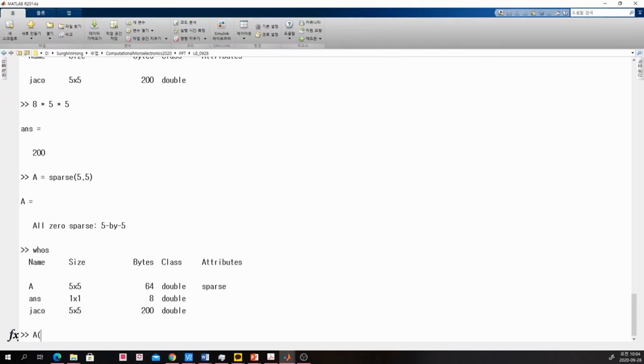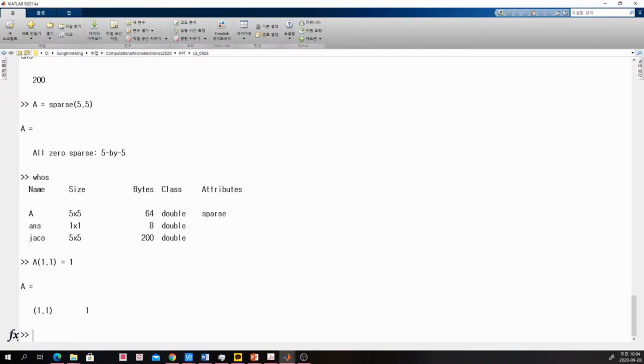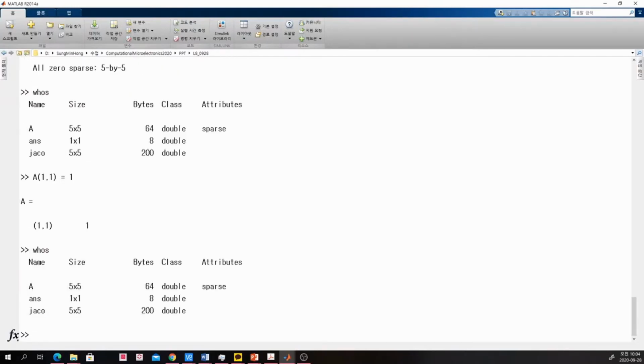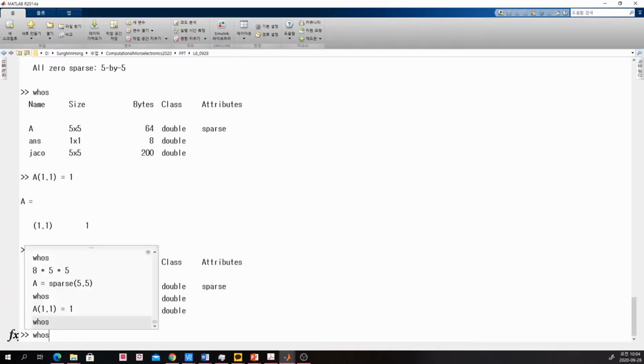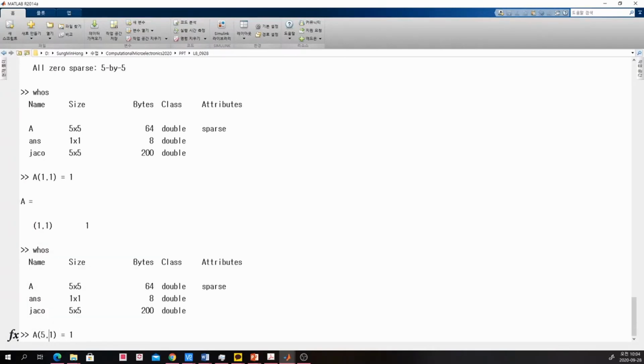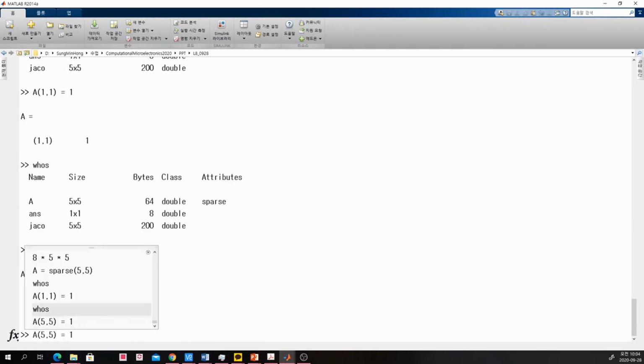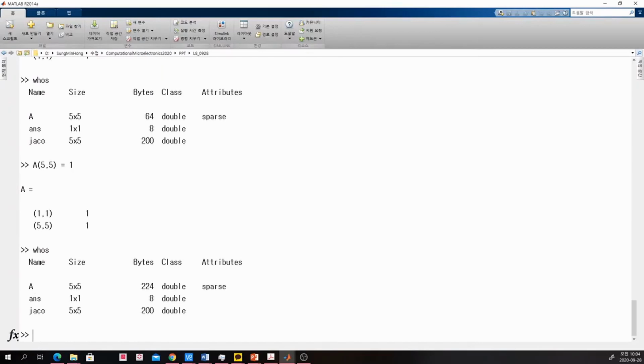However, let me write down this one. When I assign A's 1, 1 component equal to 1 and look at it, now we have much more memory assigned to this A. Then let me add a little further, for example, 4, 4 equal to 2.